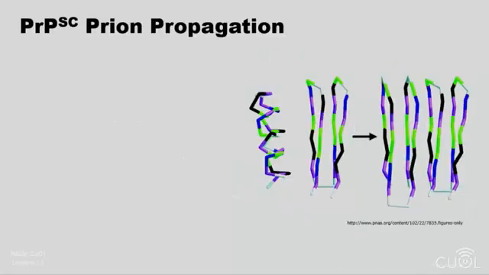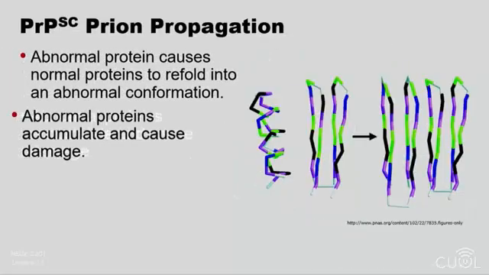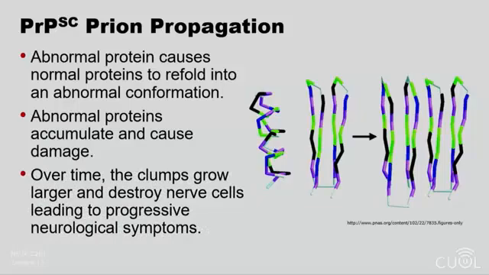This is just kind of a side note on all this. I'm just going to put it up to look at and not to get too caught up on, just for your own information. So this would be our PRPC, with all the alpha helices, and then you have the PRP scrapie, or the infectious form, with beta sheets.